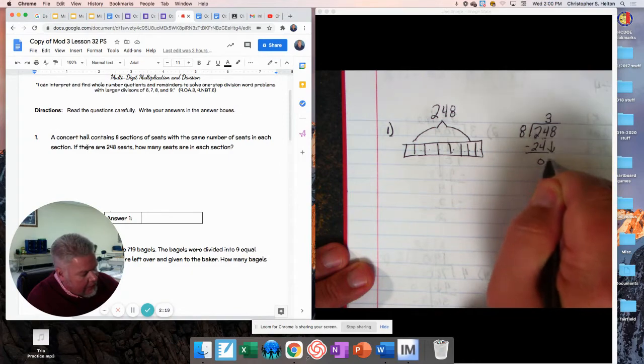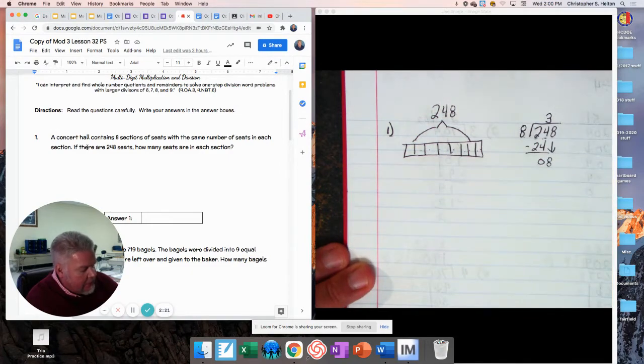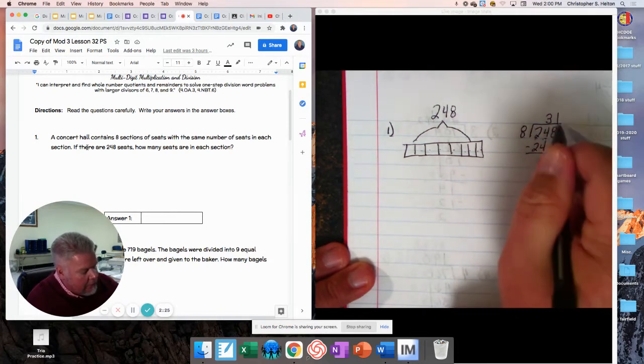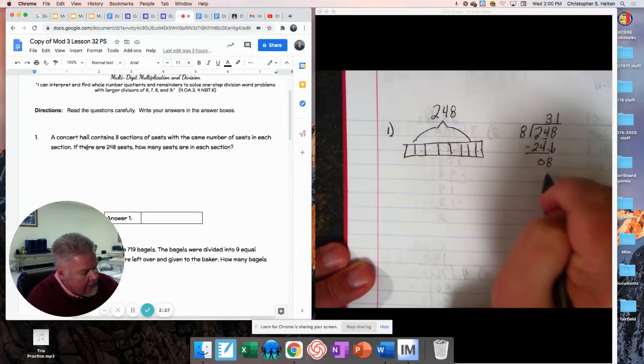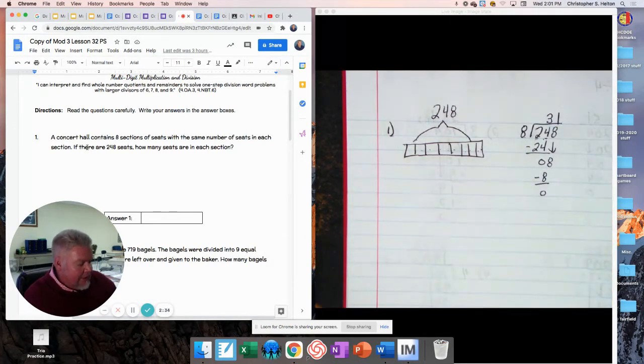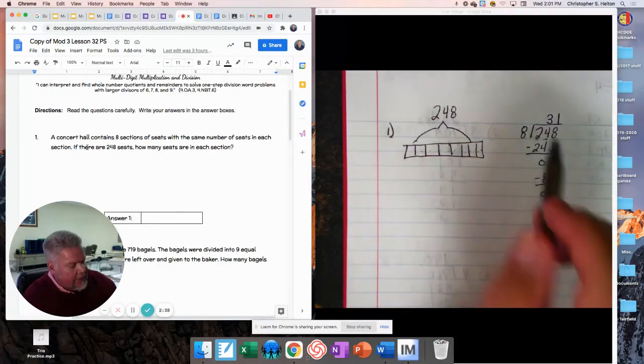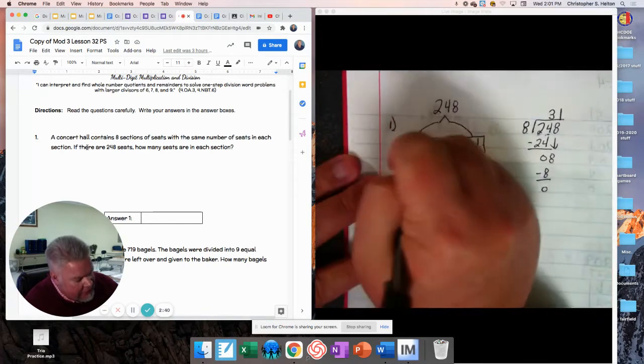Brother bring down our 8. Start all over. Daddy divide. 8 divided by 8 is 1. Mama multiply. 1 times 8 is 8. Sister subtract. 8 minus 8 is 0. There are no remaining seats. So in every one of these rows, there would be 31 seats.